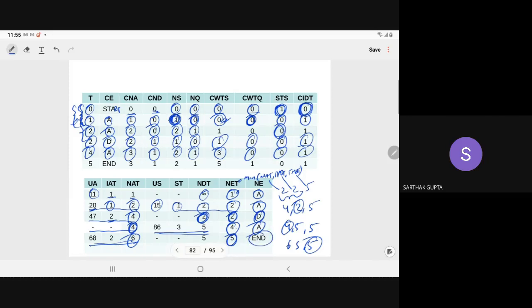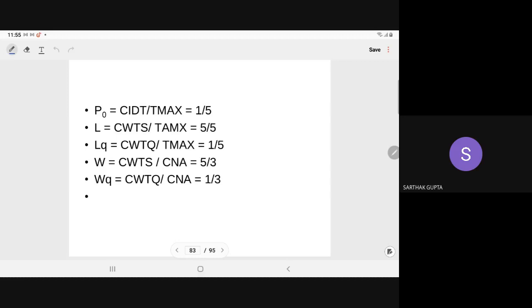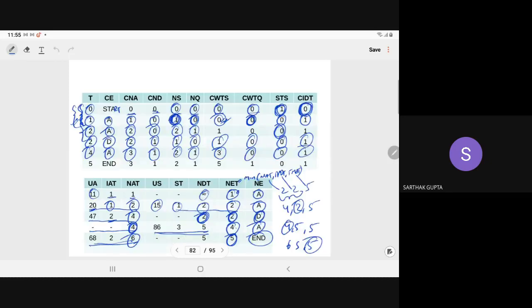When you end the simulation, from the CIDT you can estimate the following performance indices using the following formula. At 5 we have to end, so we just have to update the CWTS, CWTQ and CIDT.